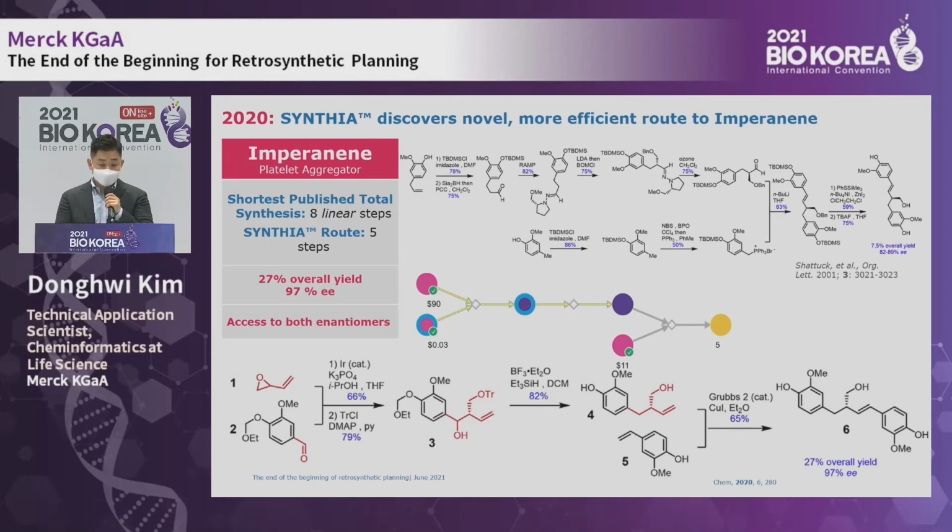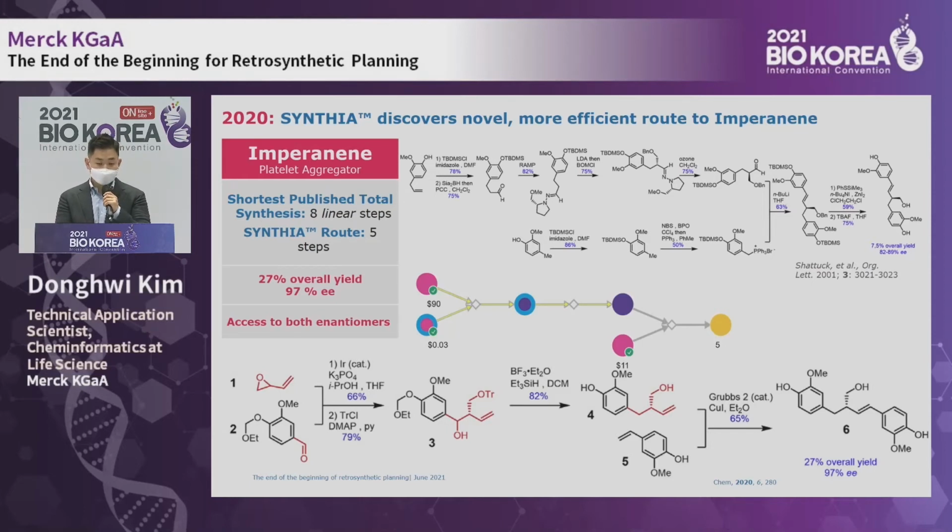So here is one of the successful examples of validation of tactical combination. Up to this point, the shortest reported synthesis of imperanine had been 8 linear steps, reported by Shattuck in 2001.